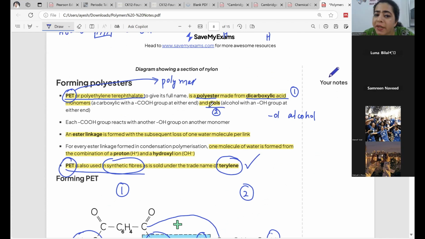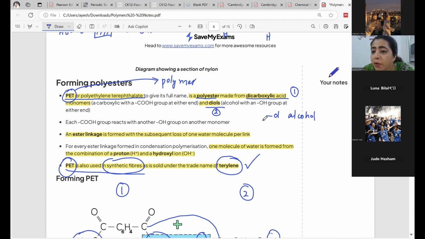Rather than writing dialcohol, we are writing a short name, diol. OL is for alcohol. Ethanol, butanol, propanol. OL is coming from the alcohol. 2 OH groups means 2 alcohol, so we can write it dialcohol as well. But in chemistry, we have its short name always. Diol for dialcohol.